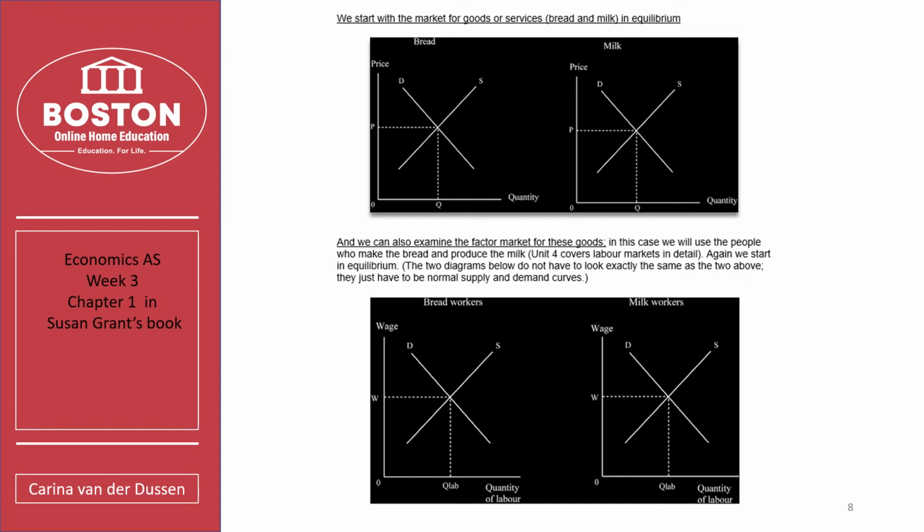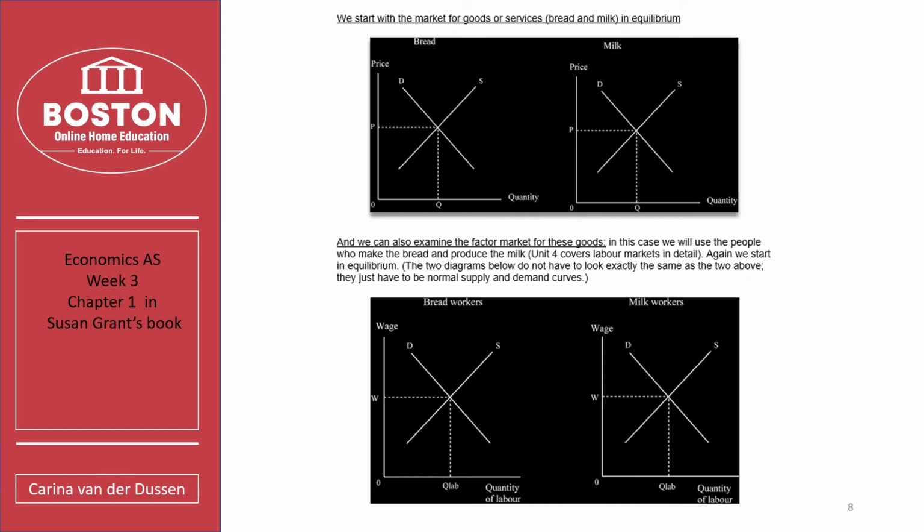So again, nothing is changing. Everyone's happy. Everyone's eating bread and milk, and this is the price. This is the wage that the workers are satisfied with, and the employers, and this is the quantity of people working there. Same with milk. This is the wage. Everybody's happy, satisfied. Remember, equilibrium means everybody's happy. No one wants to change.